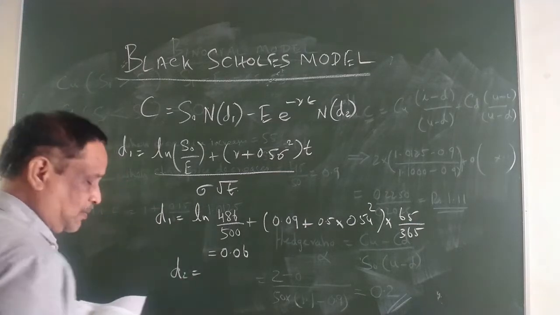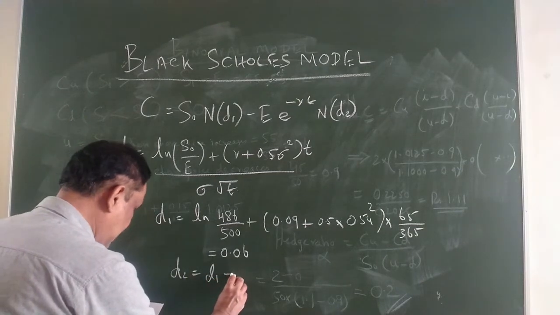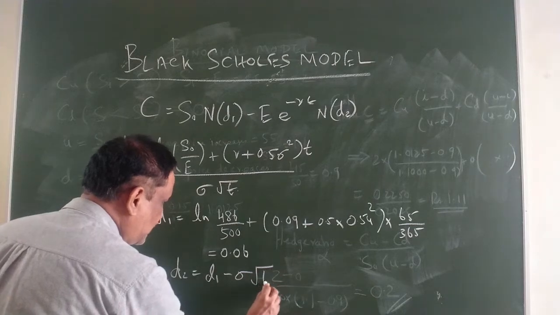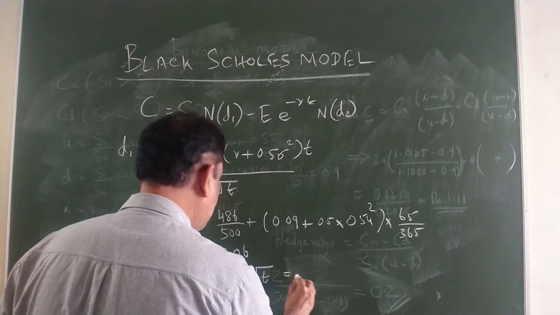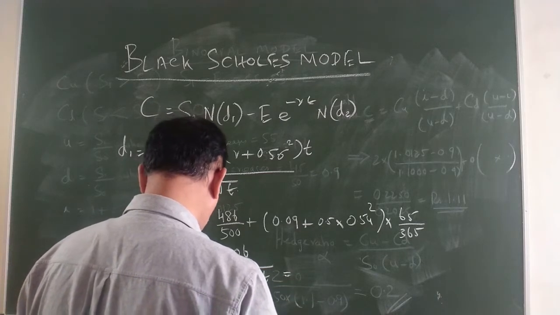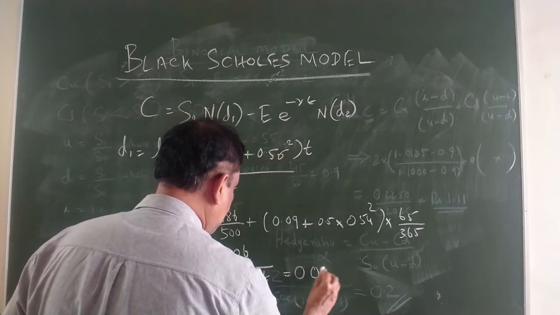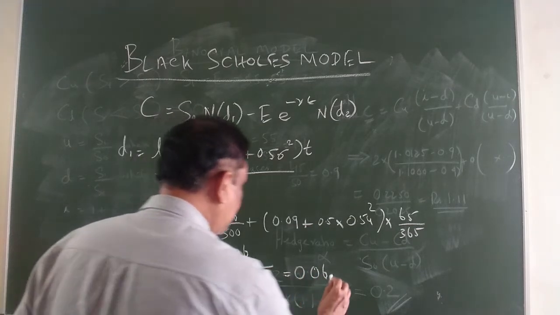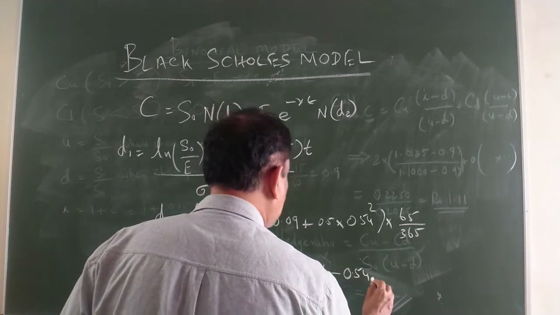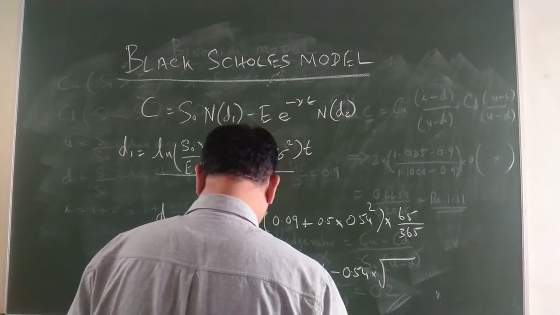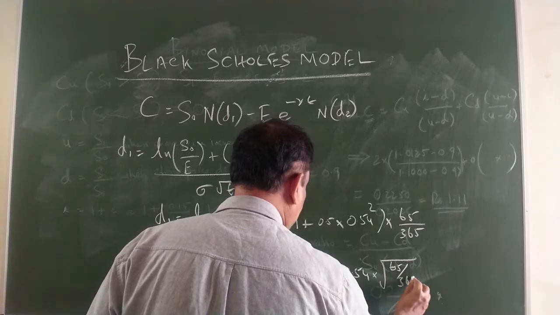For calculation of d2 we have a simpler formula, that is d1 minus sigma root T. So this will be 0.06 minus 0.54 into root of 65 by 365.